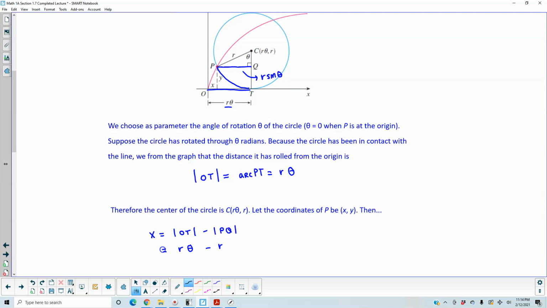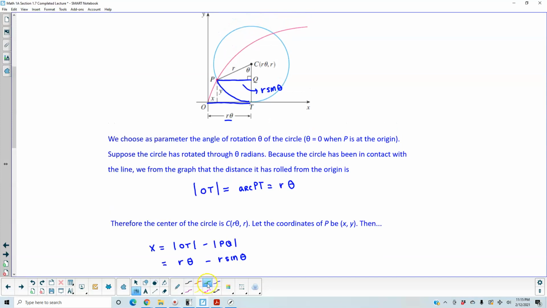So that's minus r times the sine of theta. And so for y, we have the distance from TC, and we want to subtract the distance from CQ.